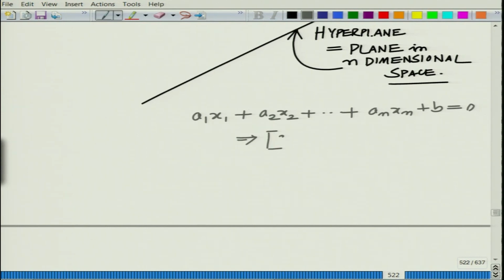Now, writing it using our principles of linear algebra, in terms of vectors. Remember, that is what linear algebra is about: developing compact notation, representing things efficiently and analyzing them.